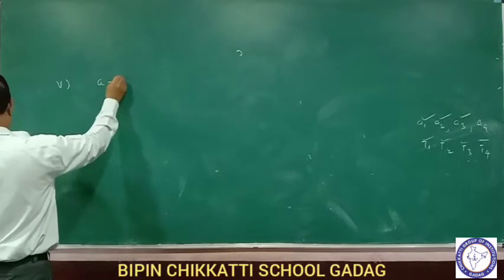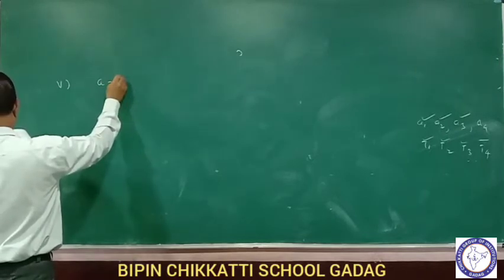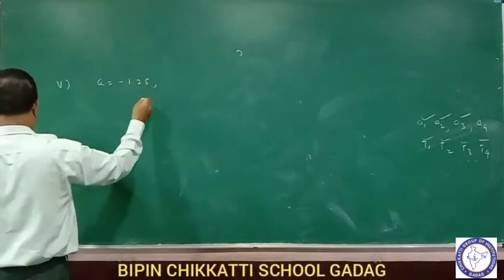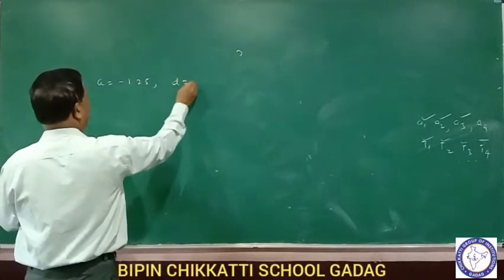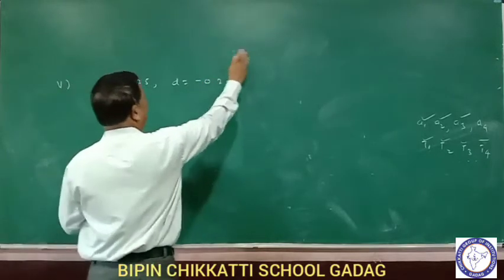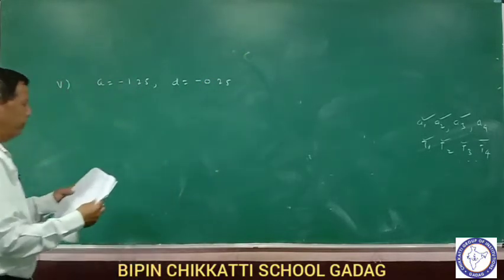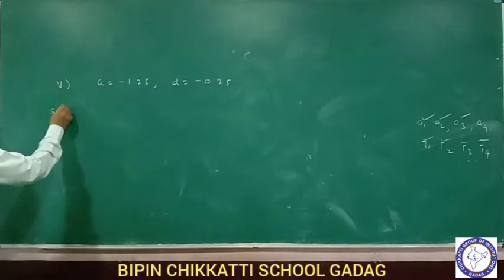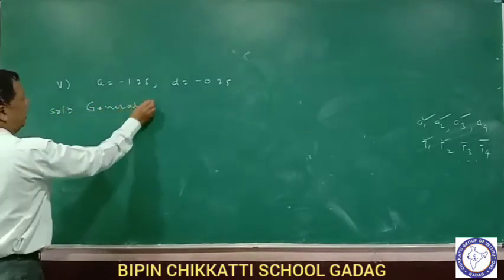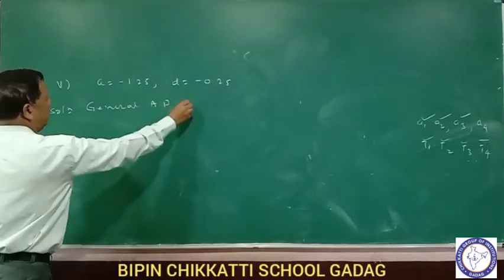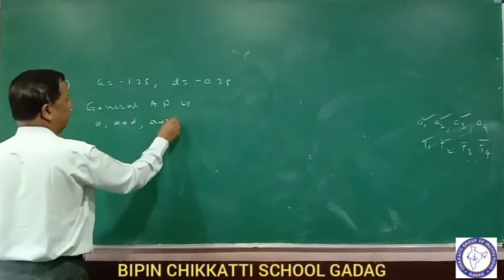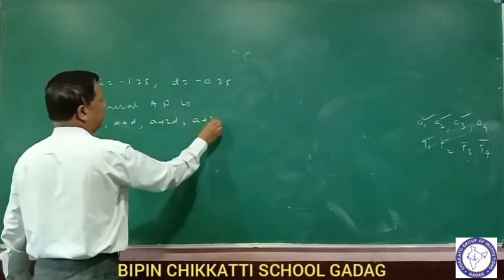A is equal to minus 1.25, and D is equal to minus 0.25. The general AP is A plus D, A plus 2D, A plus 3D.